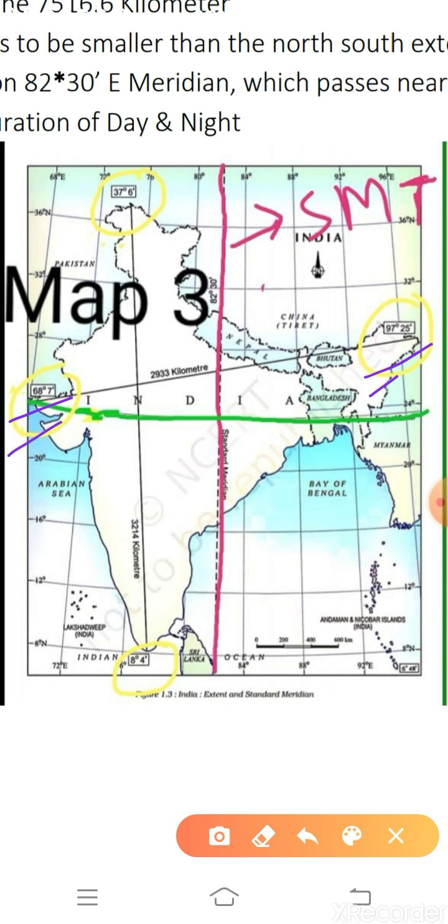That's why we have adopted this standard meridian.